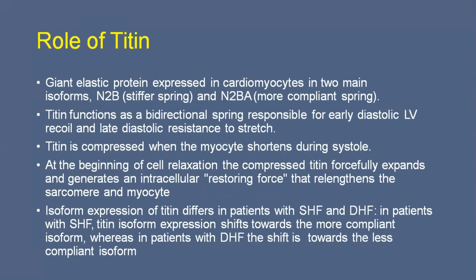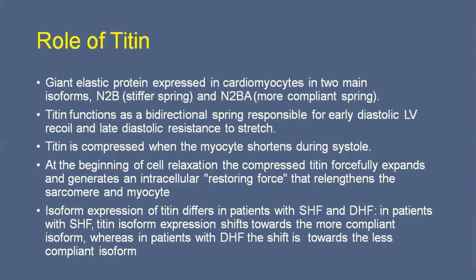What is the role of titin? It is a giant elastic protein expressed in cardiomyocytes in two isoforms: N2B, a stiffer spring, and N2BA, a more compliant spring. Titin functions as a bidirectional spring responsible for early diastolic LV recoil and late diastolic resistance to stretch.